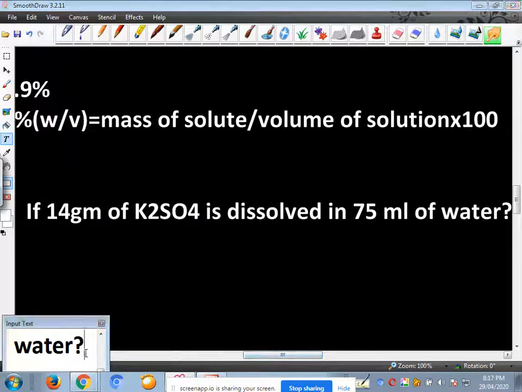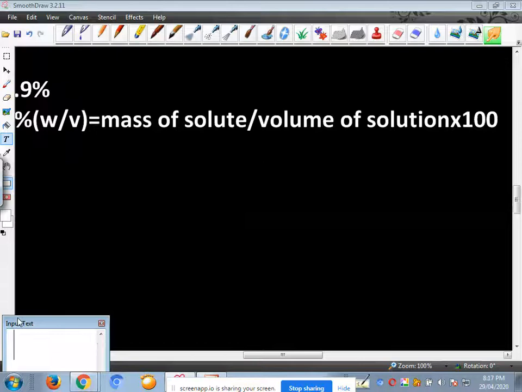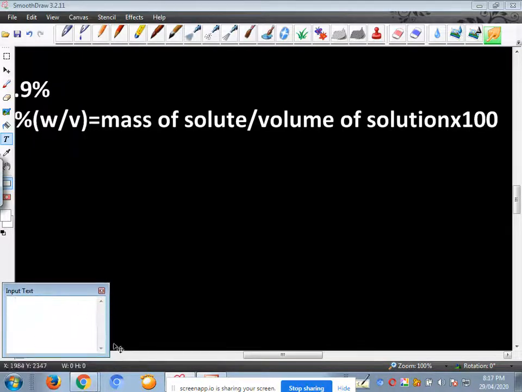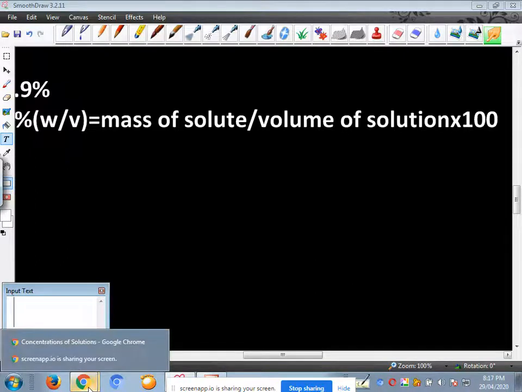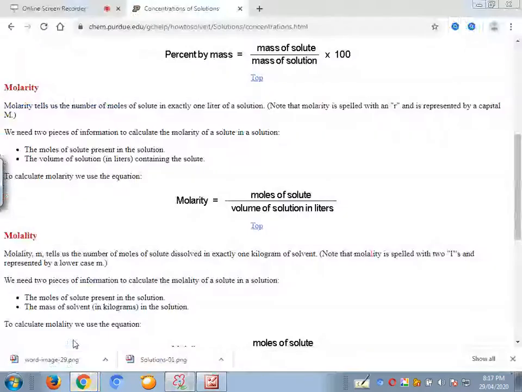Okay, now we'll go for the next concept. The next type of concentration of solution we are going to discuss is molarity.